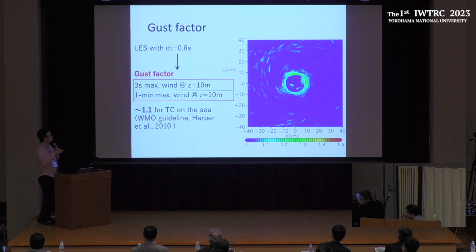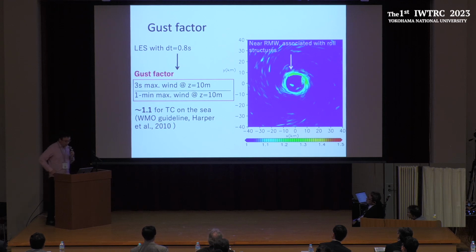And this factor is said to be 1.1 in the guideline, but the LES results show locally larger values near the radius of maximum wind. It reaches 1.4 just below the wall cloud.